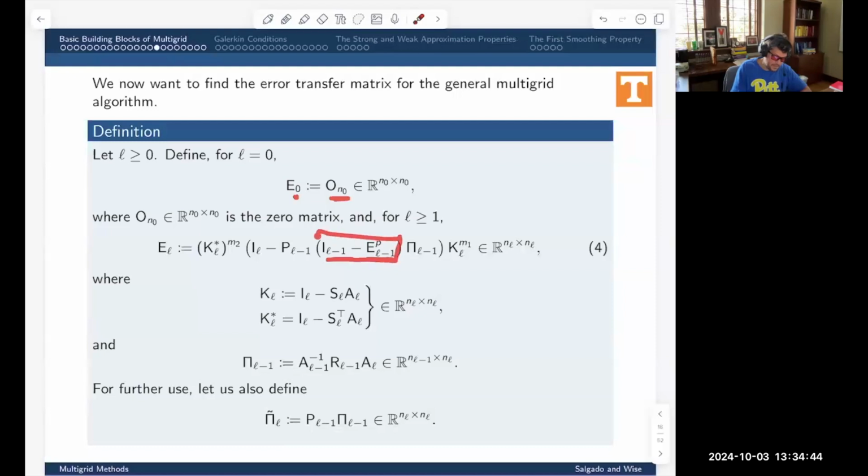So this part here goes away, and we just get Pi_L tilde. So the new thing here for us is this object. And this comes because instead of solving the coarse grid problem exactly, we're going to apply multigrid to solve that coarse grid problem. And we're going to do a recursive application. And so this is the new thing.